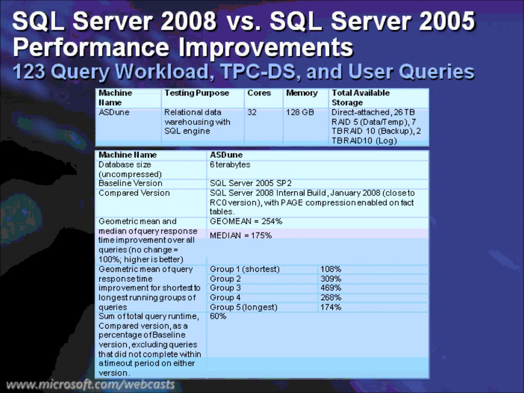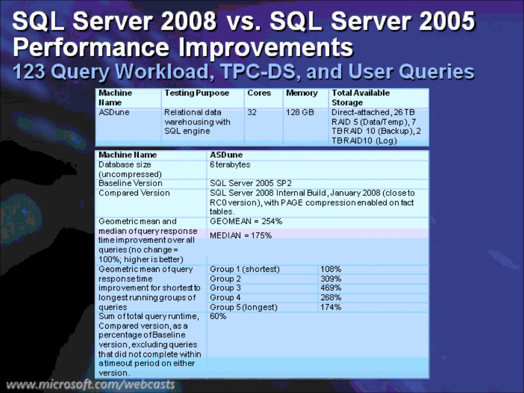We kept the groups fixed, ran the same queries on SQL Server 2008, and got some very interesting speed-up data. The speed-up is represented by the ratio of the runtime of the old version of the query on SQL Server 2005 divided by the runtime of the new version. For example, 200% would mean the query was twice as fast.